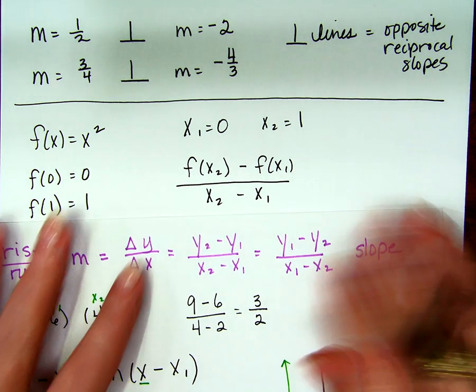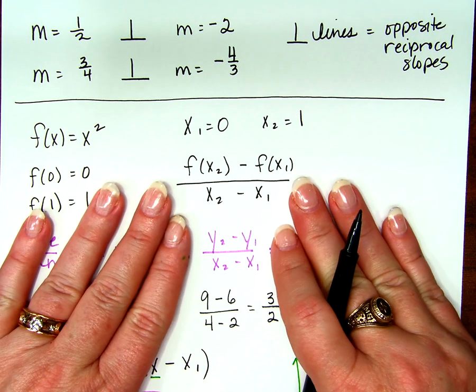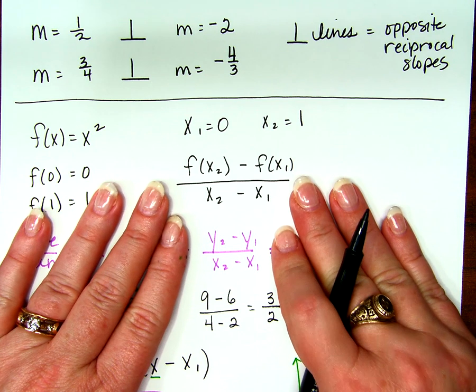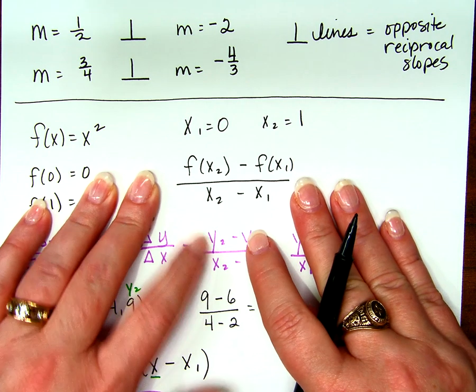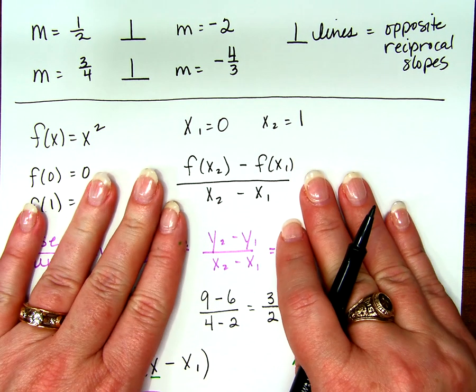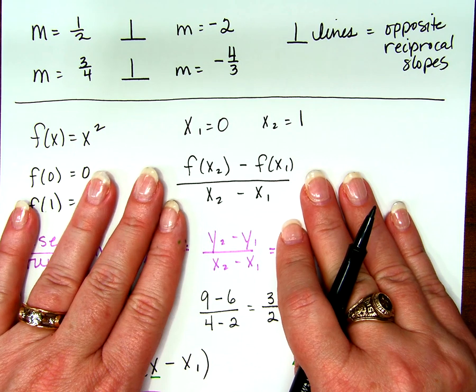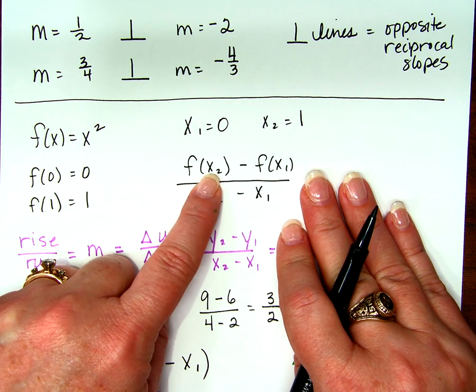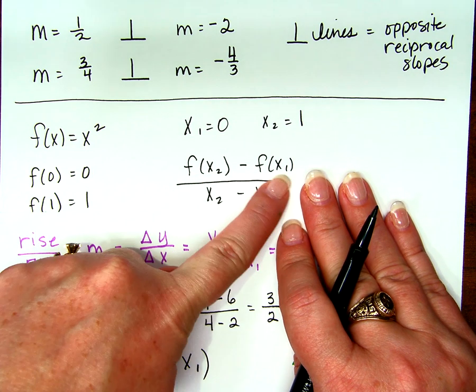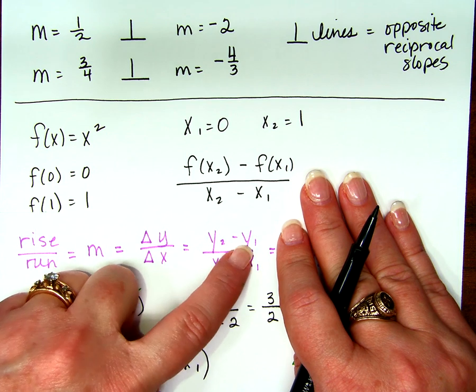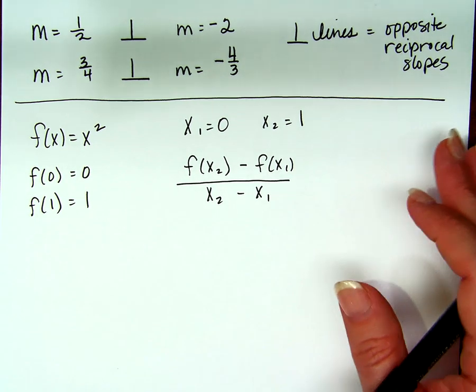Now, does that look exactly the same as this one right here? No, it doesn't, right? These have y's in it, these have function notation in it, but it doesn't stand for the same thing. The function at x sub 2 minus the function at x sub 1. So y sub 2 minus y sub 1, right? Over x sub 2 minus x sub 1.